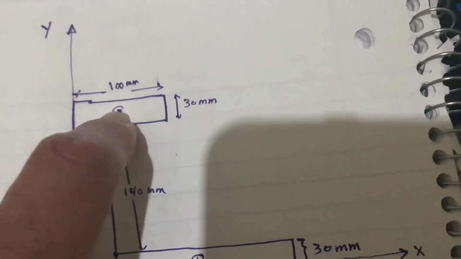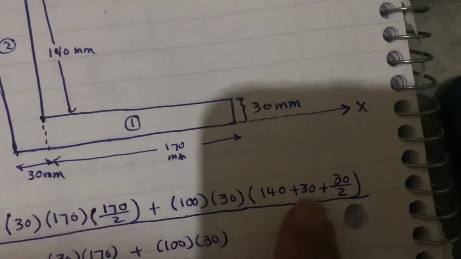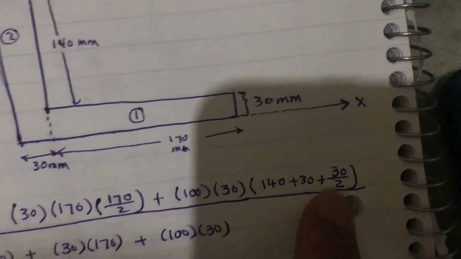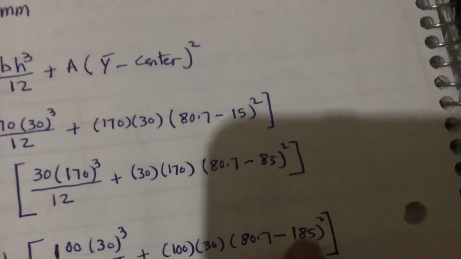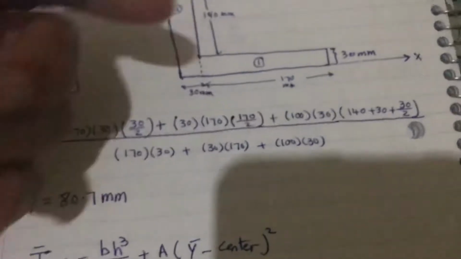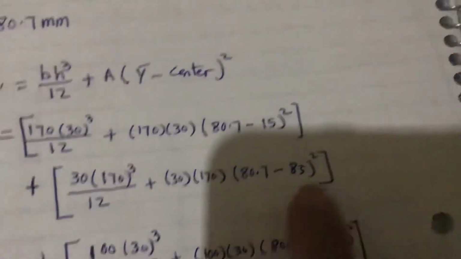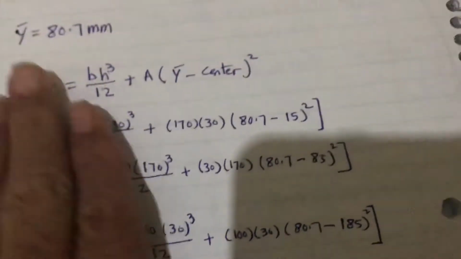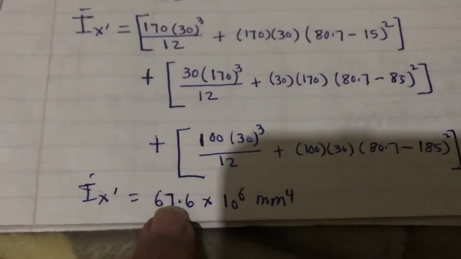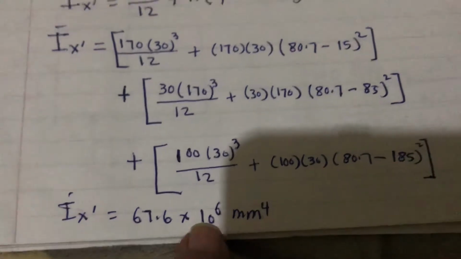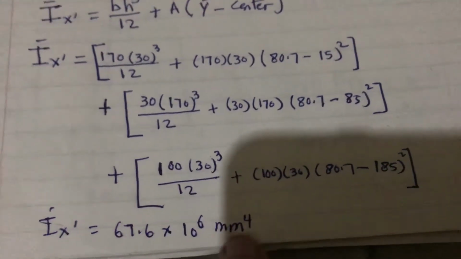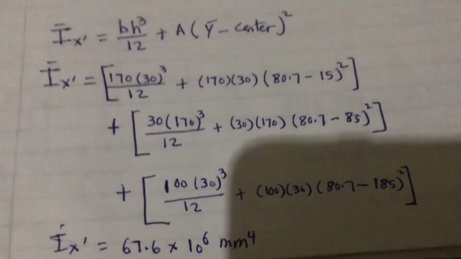Of course, you could find it from the other one, but you could find it from here. 140 plus 30, 170, plus 15, 185. So 185 squared. You sum up all of these. The moment of inertia will equal 67.6 times 10 to the 6. And since everything is in millimeters, millimeter times millimeter cubed, you will get millimeter to the power 4.